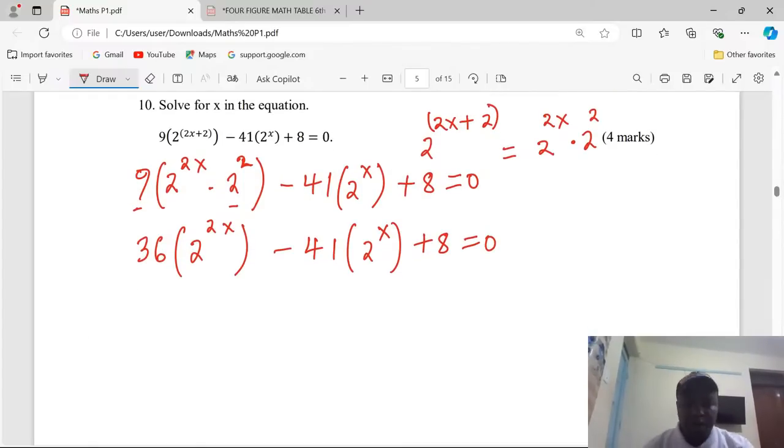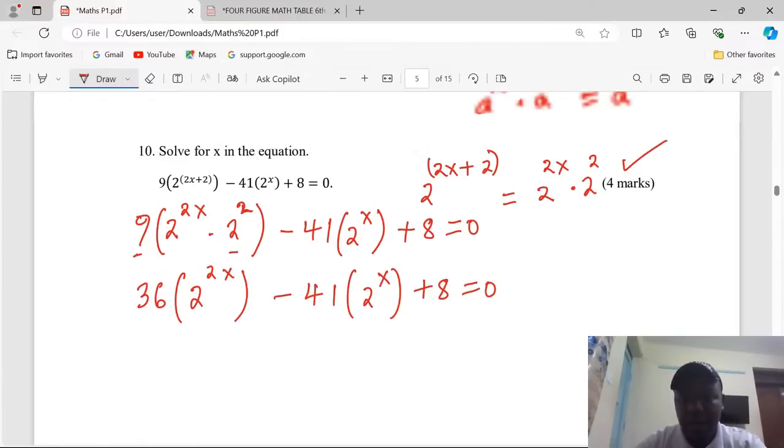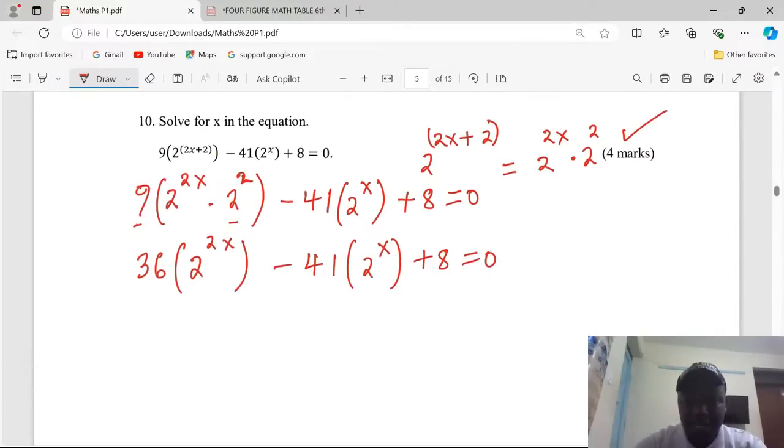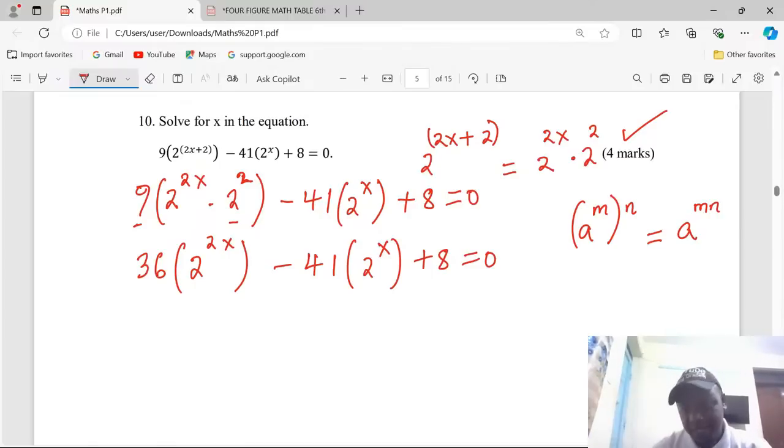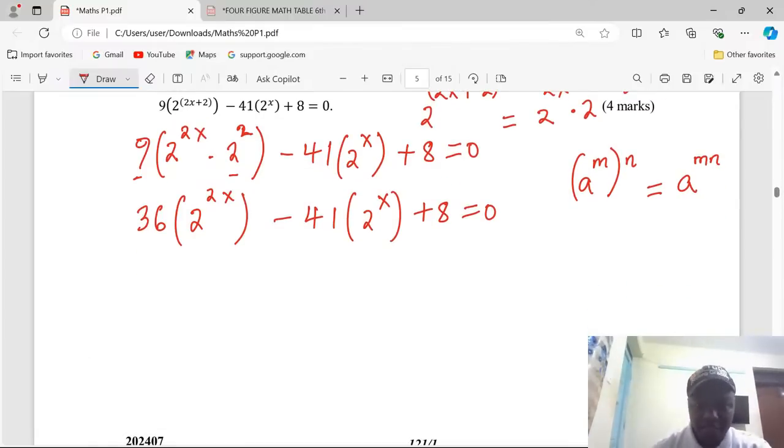At that point, we continue applying laws further. There is the product law of indices, which says that in case you have a number a raised to a power m, and this is then raised to power n, we just take a and the product of the powers, just multiply the powers.